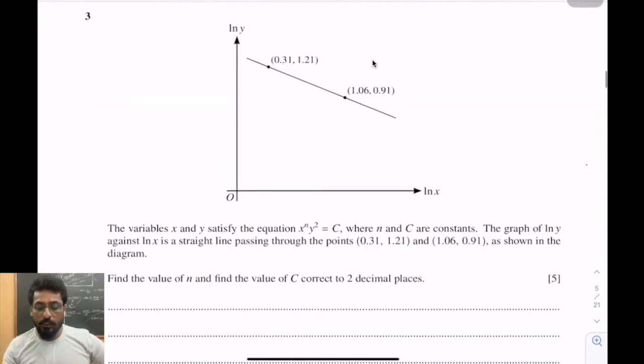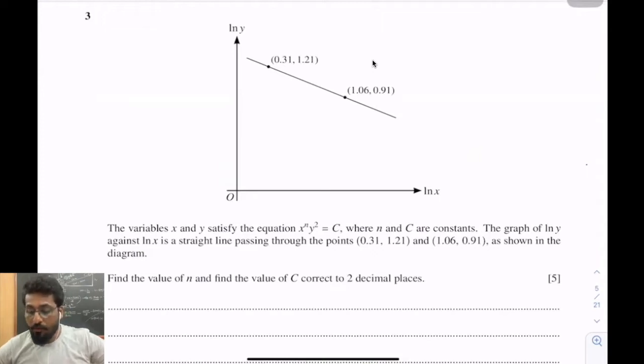The question says the variables x and y satisfy the equation x^n y² = c, where n and c are constants.